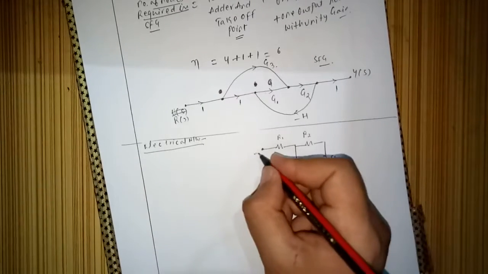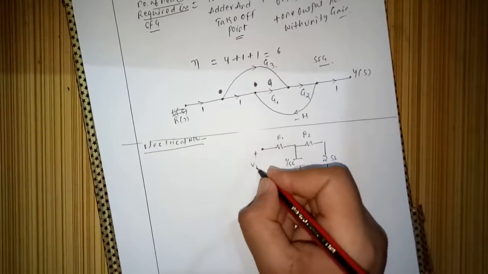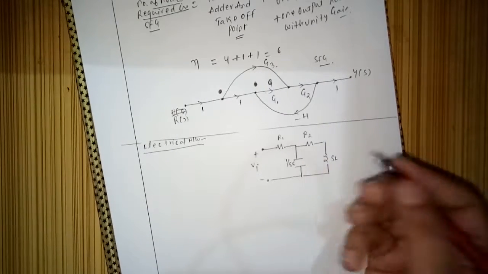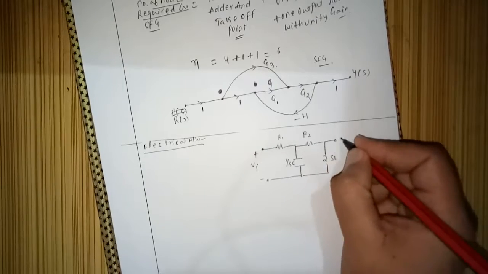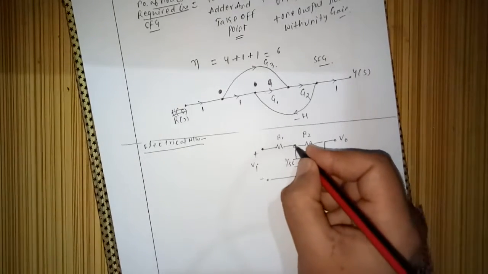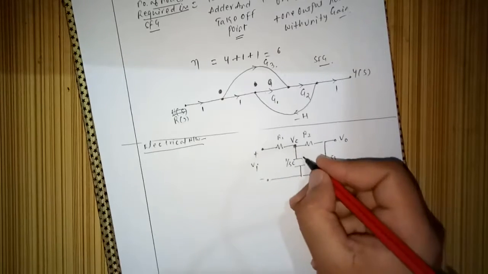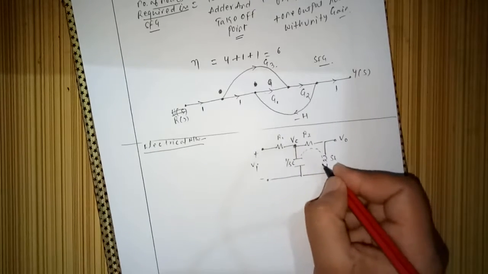Now we have an input supply here, and here we are taking the output. We have the voltage associated with the capacitor as VC, and we have current flowing here.